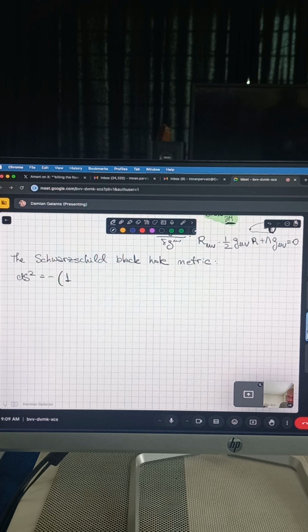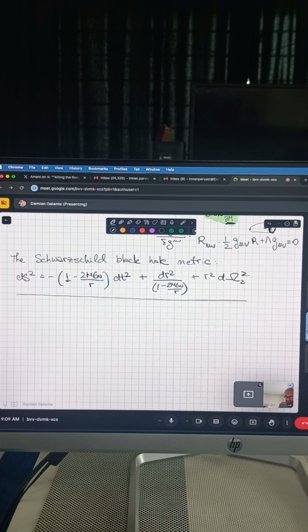And it can be given by this line element. And we discussed, not as much as I would like to, but we discussed at least some properties of this metric, including the idea of the Penrose diagram.